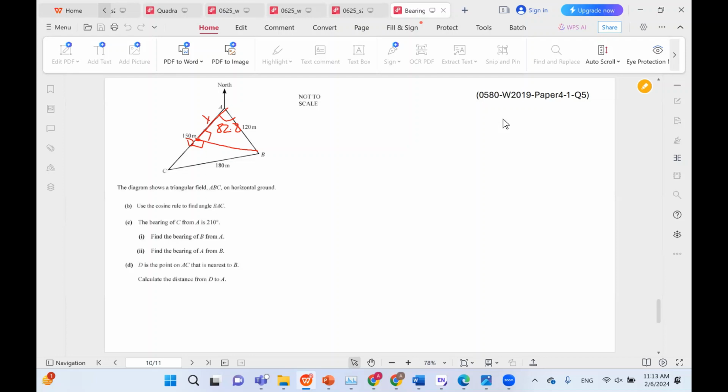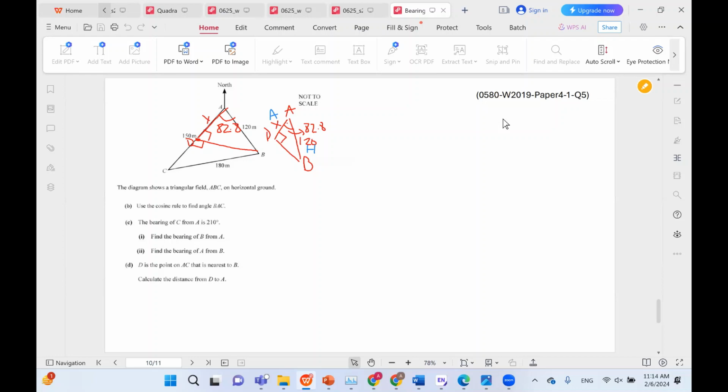So how would we be able to do that? This is very simple trigonometry. We have triangle BDA. We want this distance here. This angle is 90. We already know that this angle is 82.8. And we know that the side AB is 120. So side AB here would be the hypotenuse. This would be the adjacent. So we can use cosine.